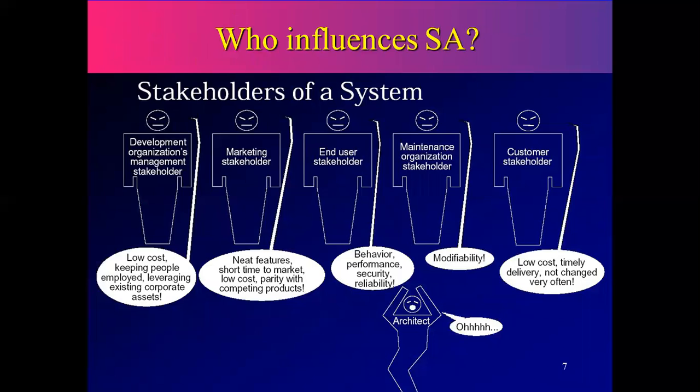Then, who influences the software architecture? The influence is based on the stakeholders of the system. Here you can see the architect, who is the profile for that software development, and these are the stakeholders of the system.